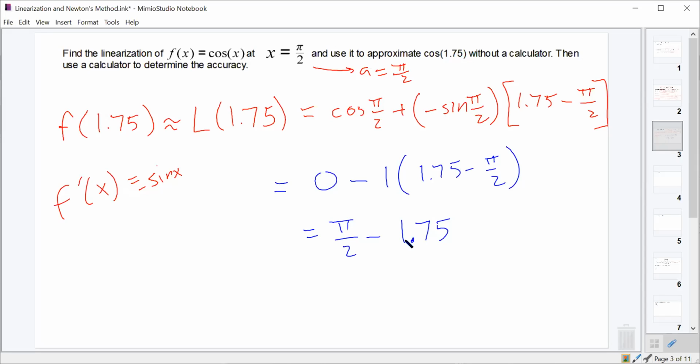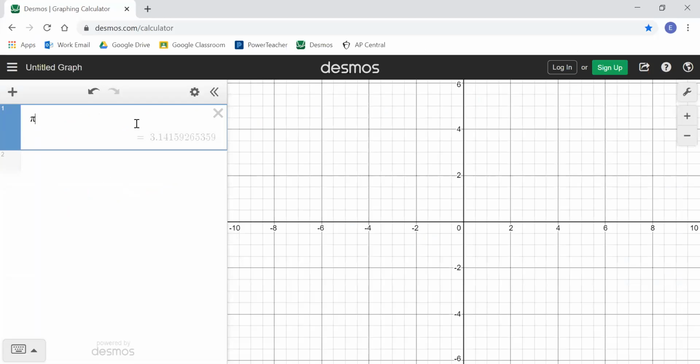Would you guys agree that that seems a little bit weird again? Yeah. That doesn't seem like a great value. So let's go in and take a look and see what that actual value is. Pi over 2 minus 1.75. So that comes out to be negative 0.179203, blah, blah, blah.